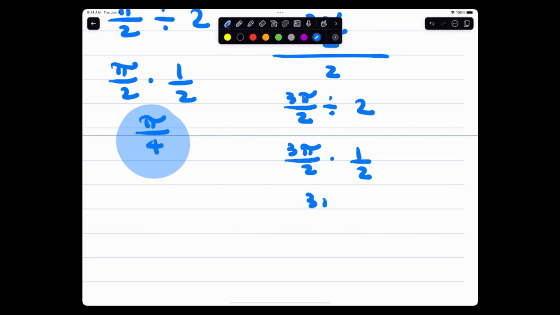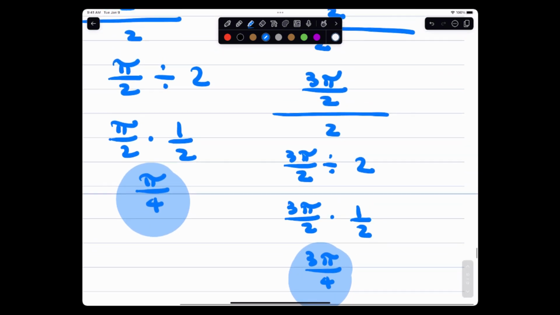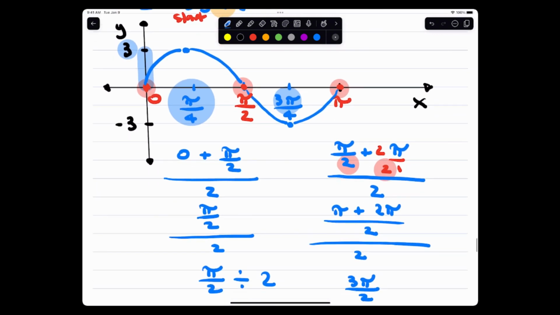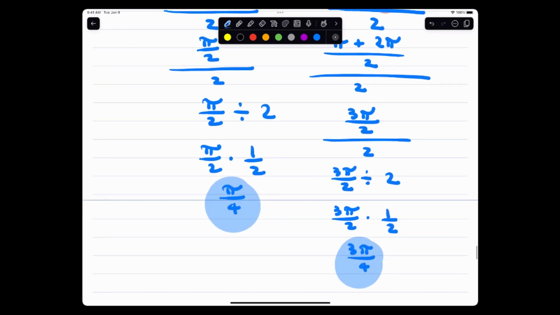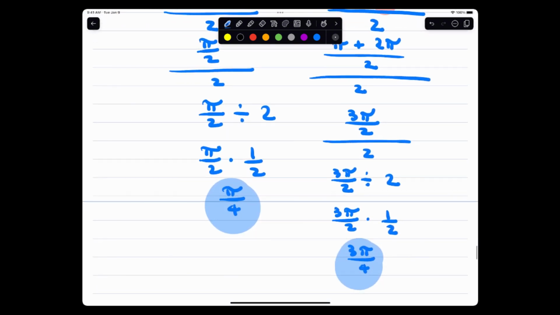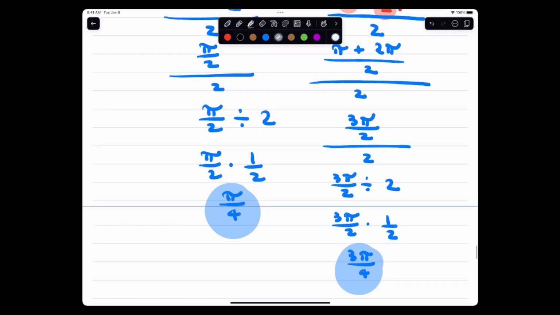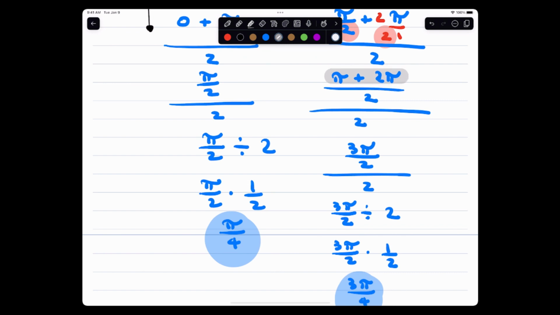And that gives you 3 pi over what? 4. There you go, 3 pi over 4. So, ladies and gentlemen, there's your answer. This is your arithmetic, right in here.